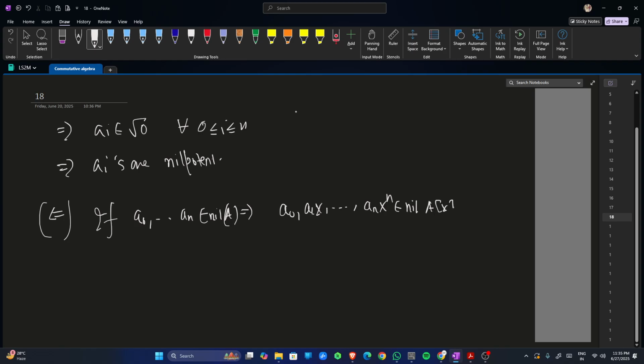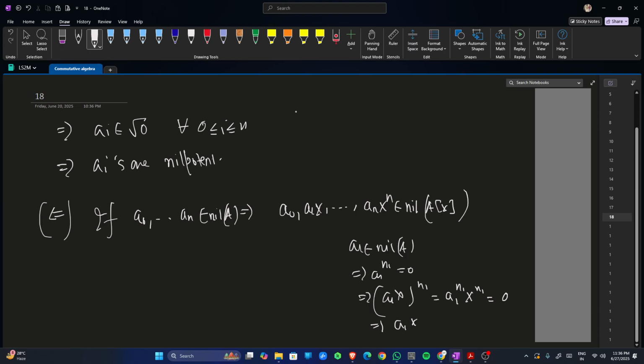Nil A[x]. So since a0 is in nil A, a1x is in nil A[x]. a1 belongs to nil A implies a1^n1 equals 0. This implies (a1x)^n1 equals a1^n1 x^n1, which is 0.